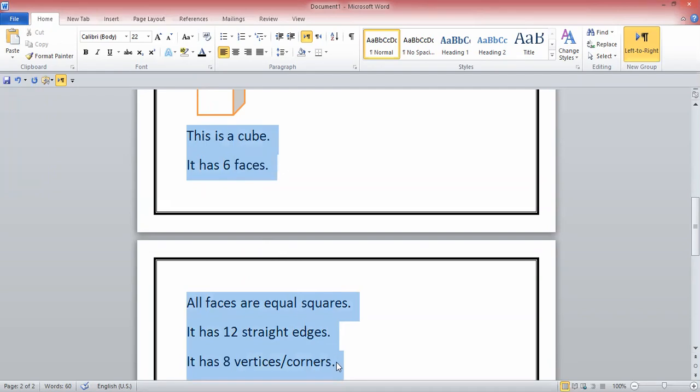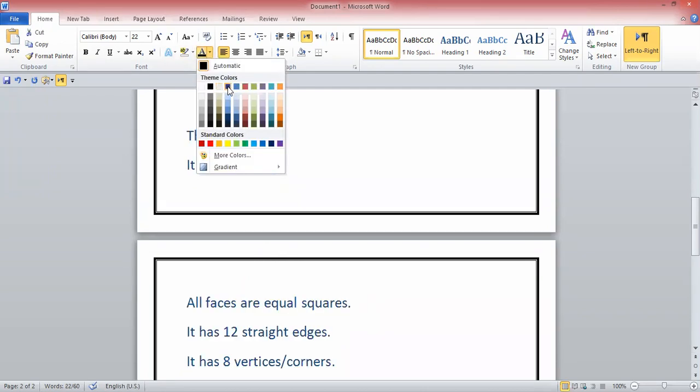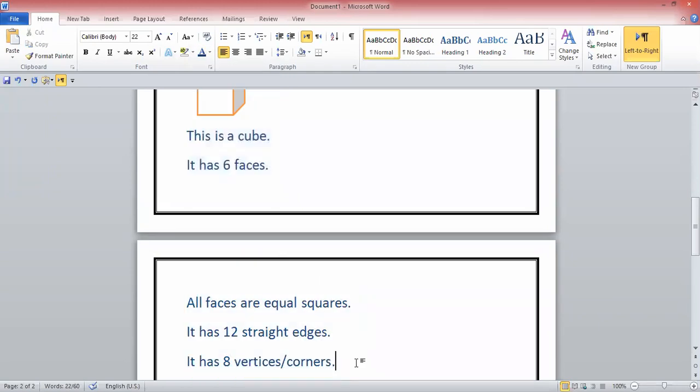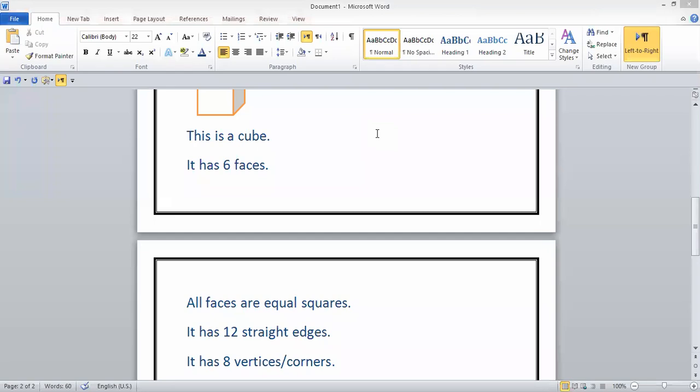Now we will write about cuboid. Sir, please wait. I'm still writing. Sir, my arms burn. Write it fast. We have to write about cuboid also. Sir, I finished. Guys, can I draw the cuboid now?